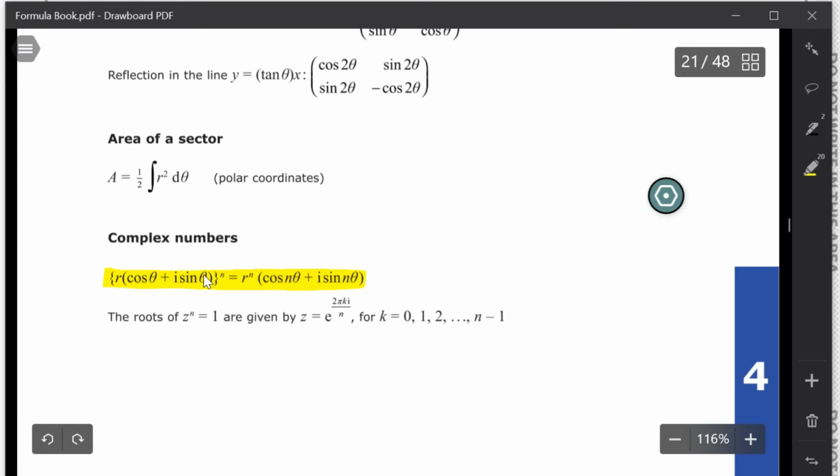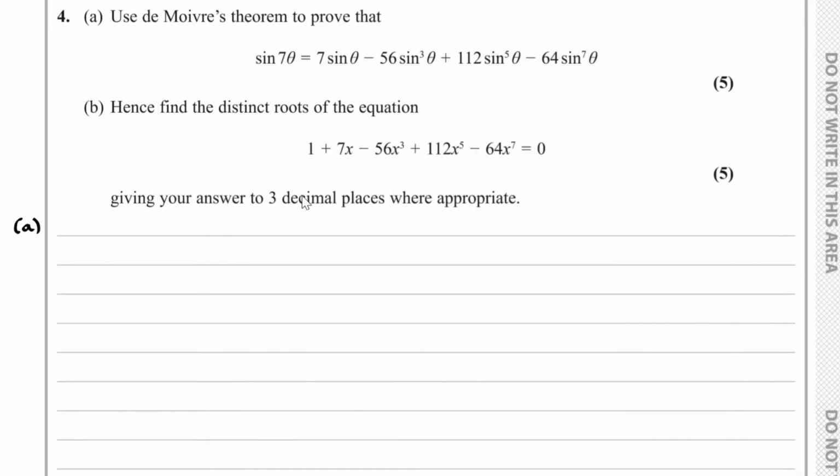We bring the power into the argument. So we have here cos theta plus i times sine theta, to the power of 7. This is equal to cos of 7 theta plus i times the sine of 7 theta.